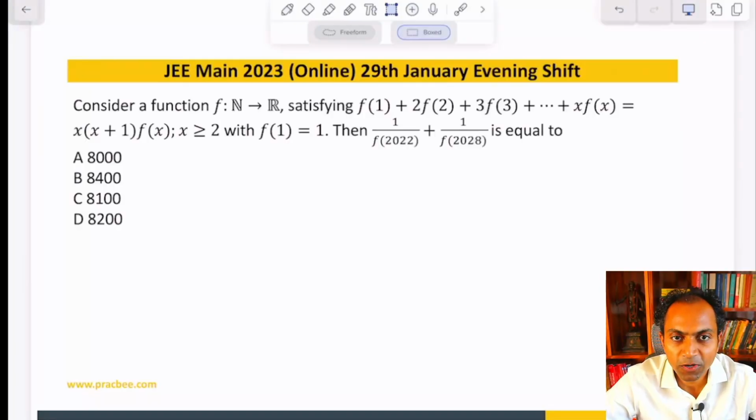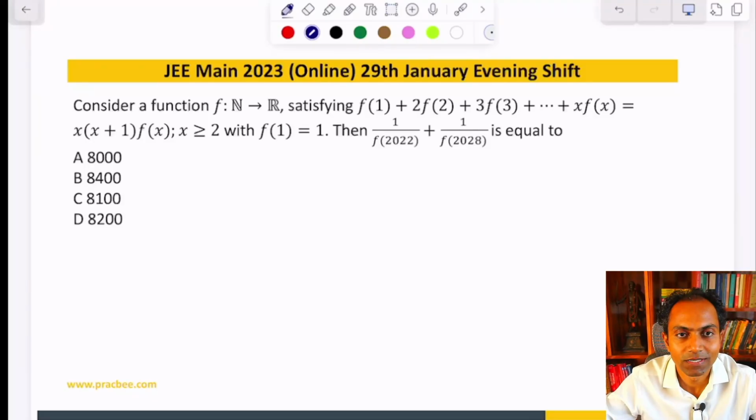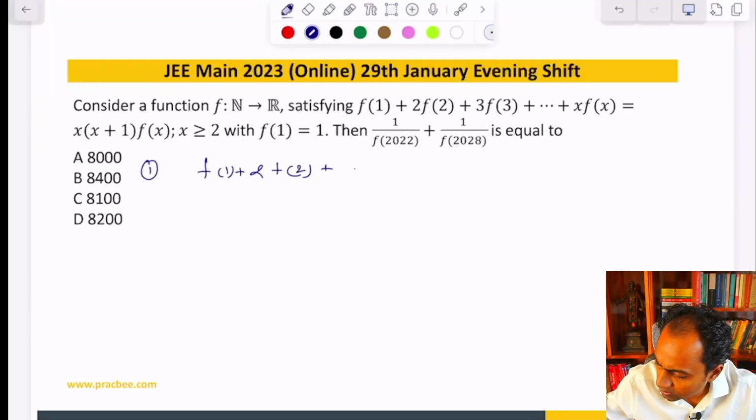Now the interesting part of this 2023 question is, it is based on the method of difference that is there in sequence and series. How so? Let us see that. In the first part, the primary technique of substitution remains the same. So if we have this functional equation, x into f of x is equal to x plus 1 f of x.